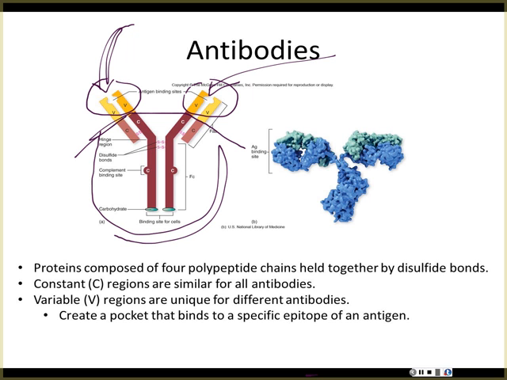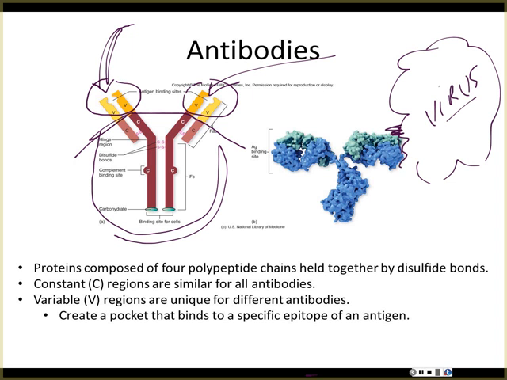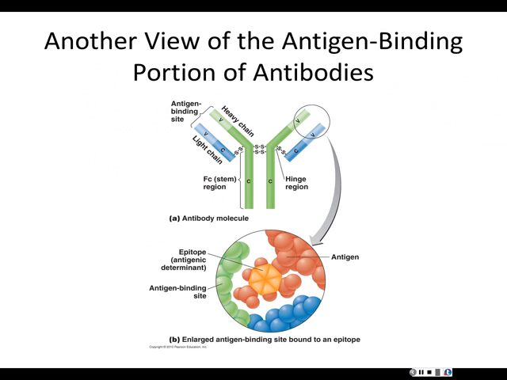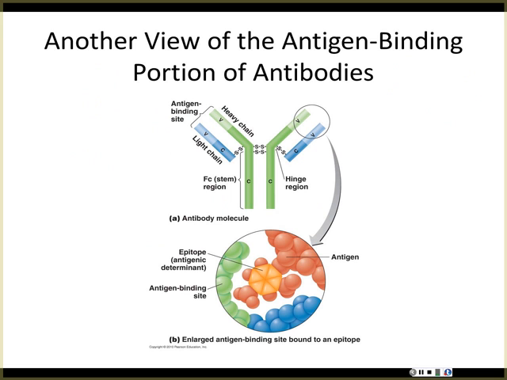So if a virus comes along, it is going to attach right there at the tip. There's the tip on an antibody there. We've got a more realistic representation of what that antibody would look like. And here's another view of that. They're blowing up the variable region at the tips.